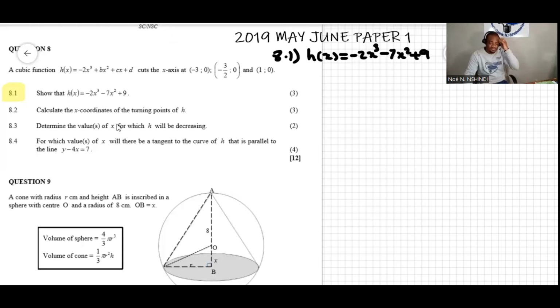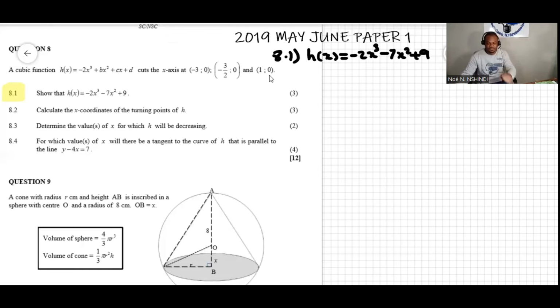But another thing we need to consider is that when they say the function cuts the x-axis at these points, this means that the x coordinates that we see here are the zeros of the function, because when x is equal to negative 3, the function will be 0. When it is negative 3 over 2, the function will be 0. When it's 1, the function will be 0.